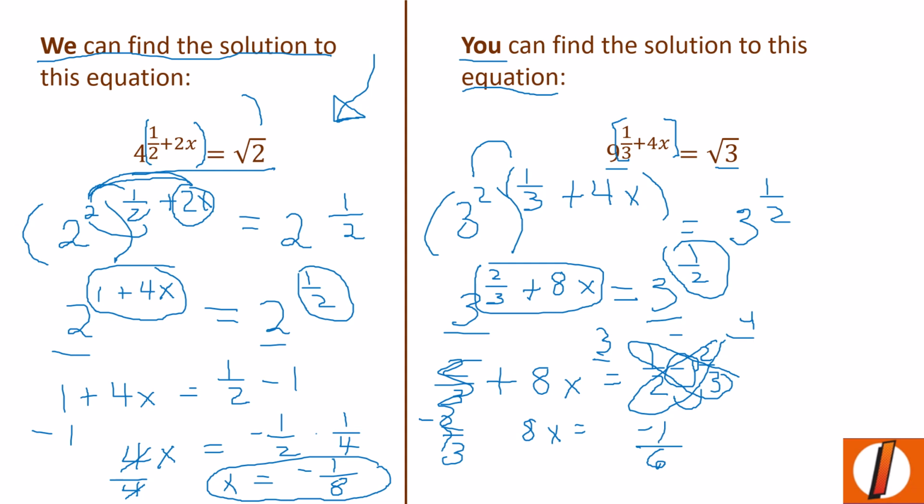So 8x is equal to negative 1/6. The last thing we're going to do is divide by 8. Another way to look at that is multiply by 1/8. Okay, so that cancels and we get our answer. X is equal to negative 1/48.